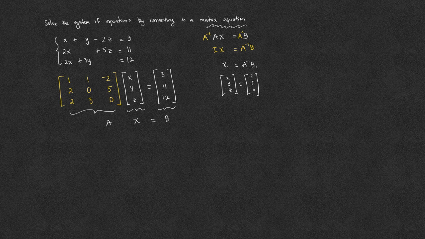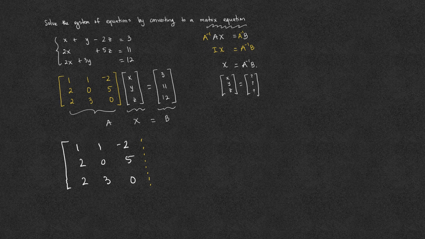To find the inverse of A, we first rewrite the coefficient matrix 1, 1, negative 2, 2, 0, 5, 2, 3, 0, and we attach the identity matrix next to it of the same dimension.